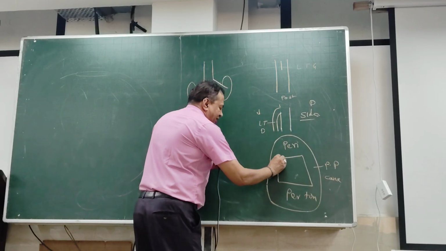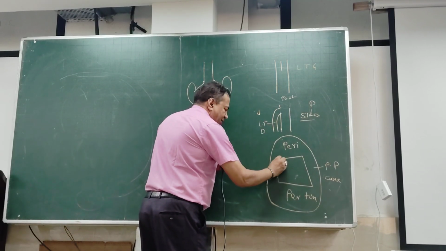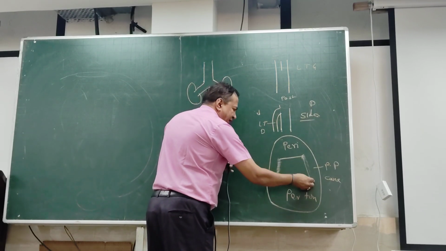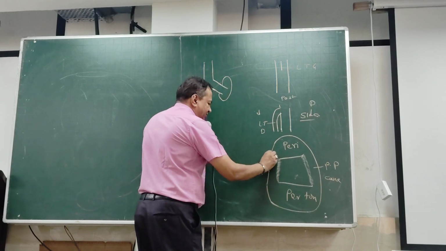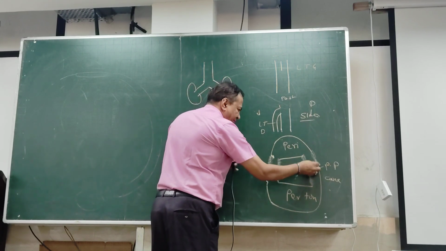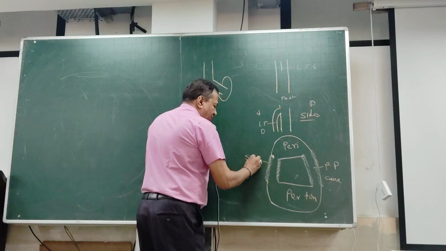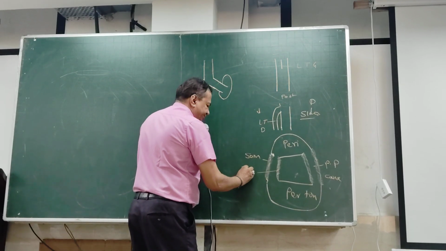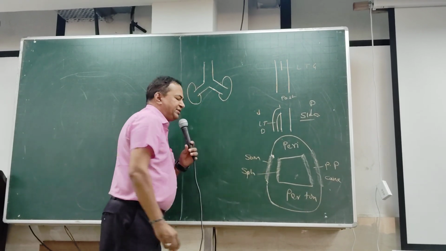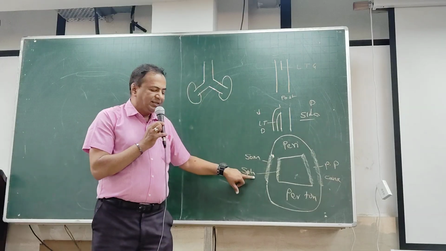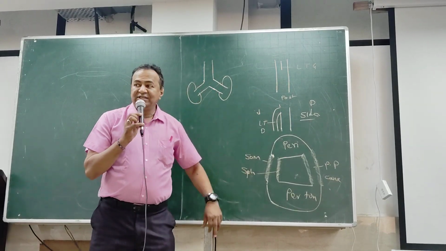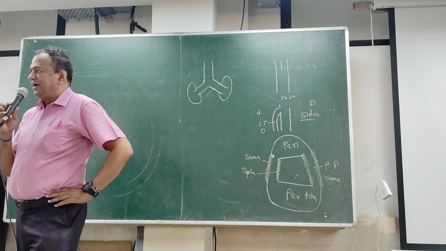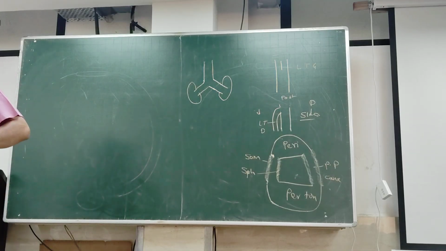These canals are bounded from the inner side by the splanchno-pleuric mesoderm, from outer side by somato-pleuric mesoderm. So this forms the parietal pleura, this forms the visceral pleura. Parietal pleura and visceral pleura.